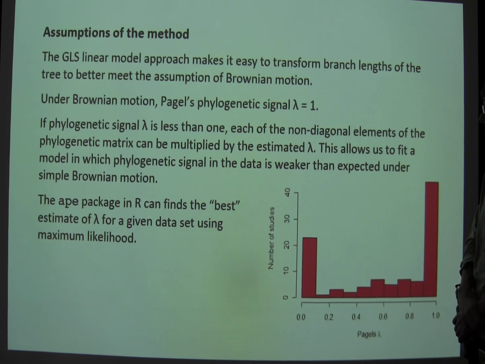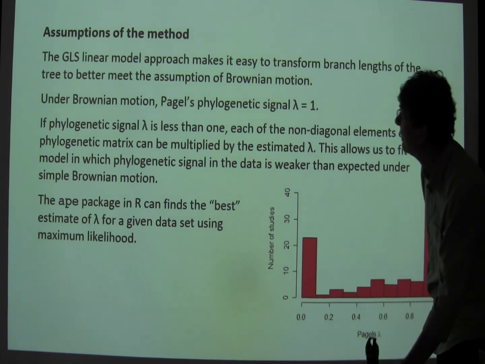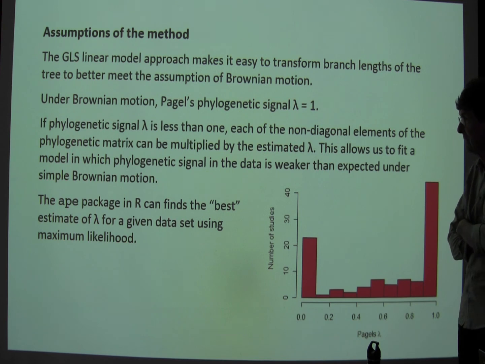And so it's possible at least to fiddle a little bit with the assumption of Brownian motion and improve the fit. And we'll do an example in the workshop this week. So the geiger package in R can find the best estimate of lambda for a given data set.